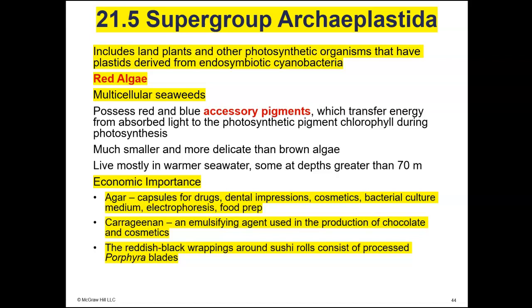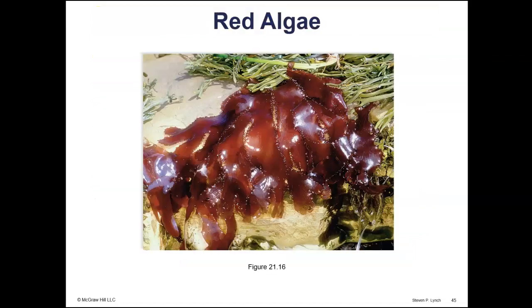It's also used in electrophoresis, which is used for separating different size pieces of DNA and doing DNA fingerprinting, and in food prep. We also have carrageenan, which is an emulsifying agent used in the production of chocolate and cosmetics. And the reddish-black wrappings around sushi rolls consist of porphyra blades, which is a type of red algae.